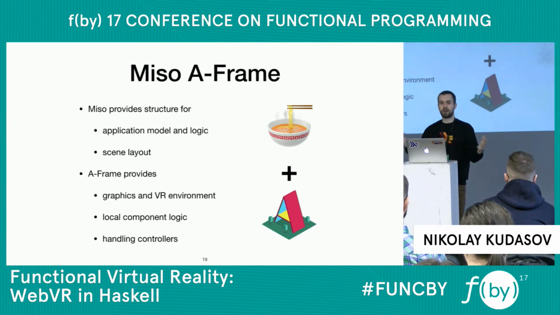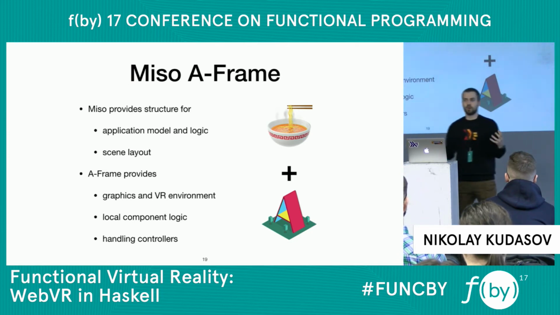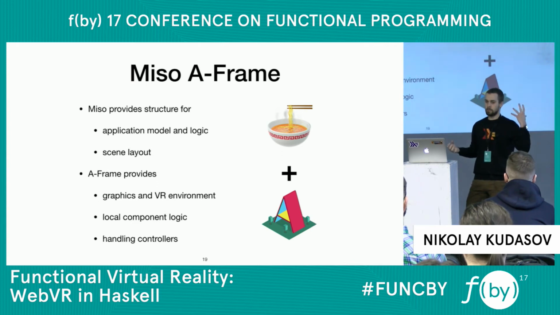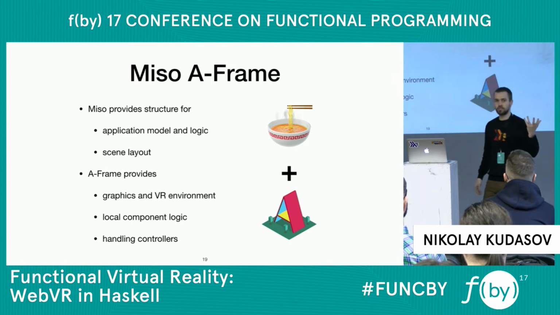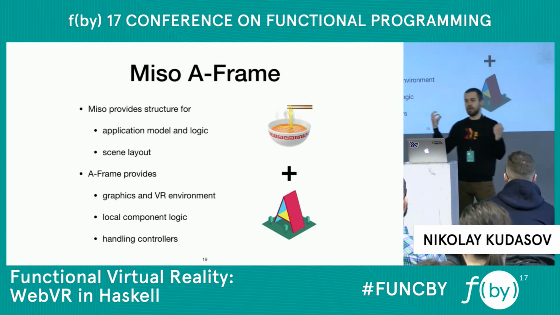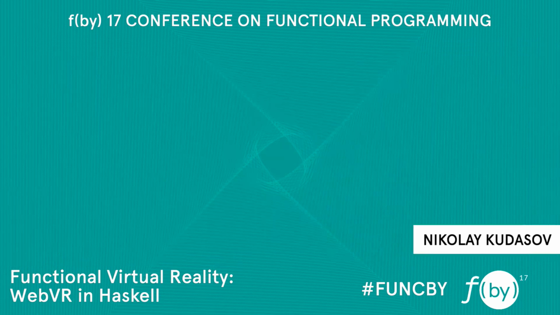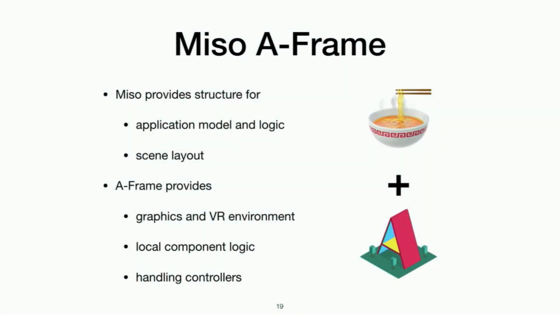Okay, so what's the idea of all this? I want to take this user-friendly, let's say, Miso framework from Haskell, and I want to have AFrame, and I want to merge them together to have a nice Haskell experience for building virtual realities.